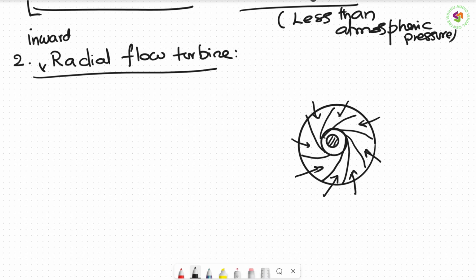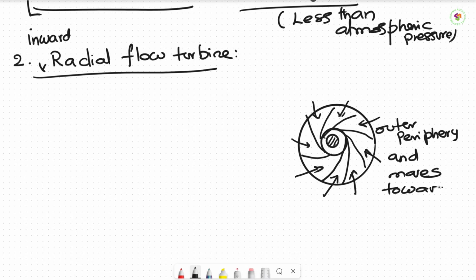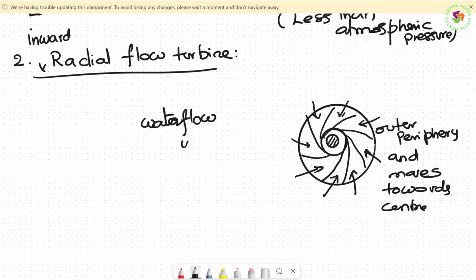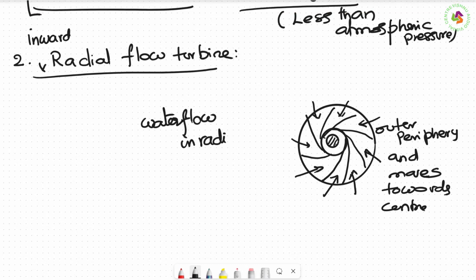Water enters at the outer periphery and moves towards the center. In which direction? Water flows in the radial direction. That means it is perpendicular to the axis of the turbine.